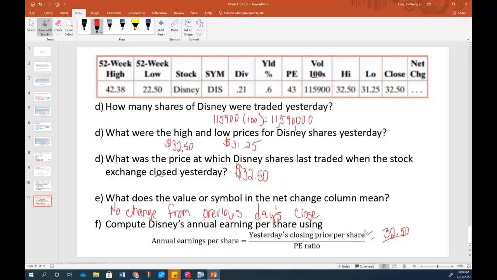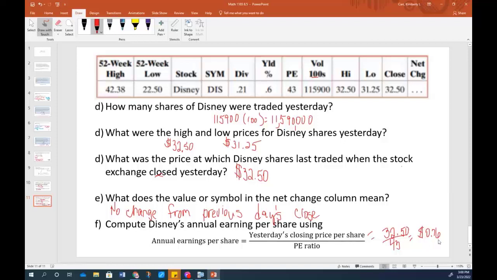And then we are going to divide that by the PE ratio, it says was 43. And do that math. This ends up being a dollar amount because it's our earnings. At least it's positive. It means we did make headway, and we end up with 76 cents.